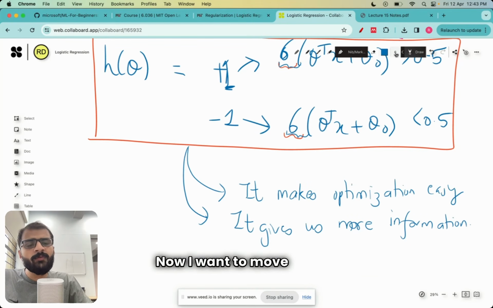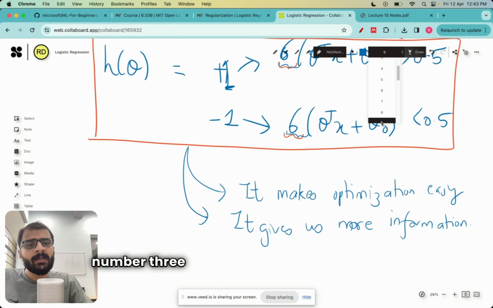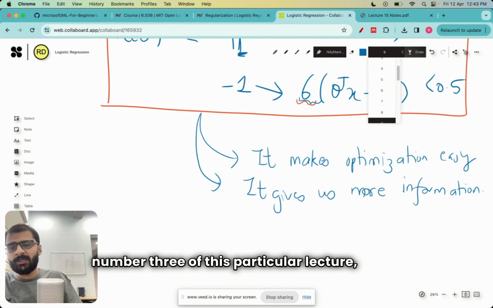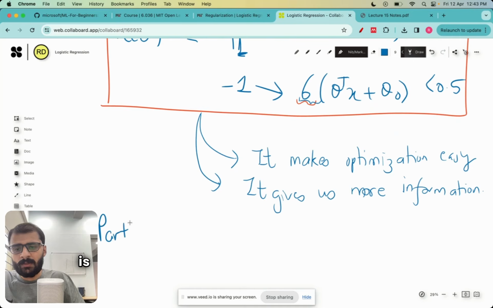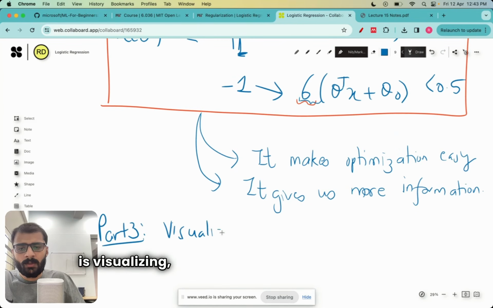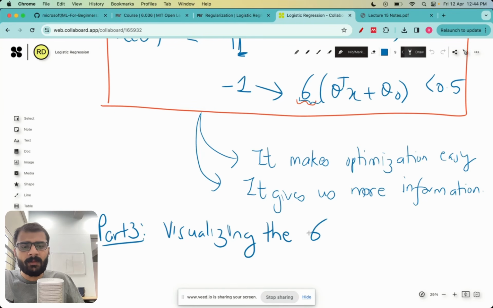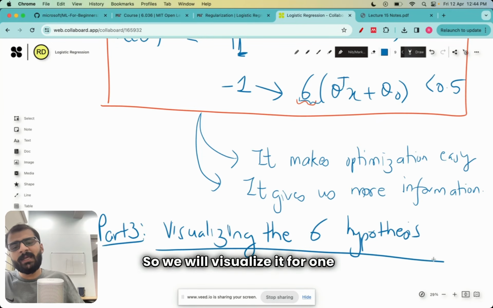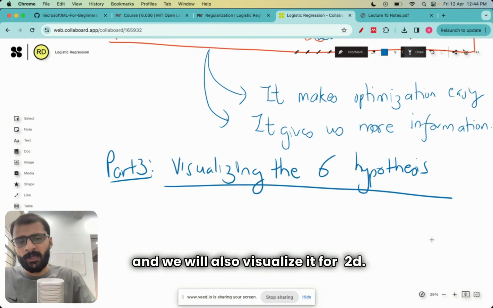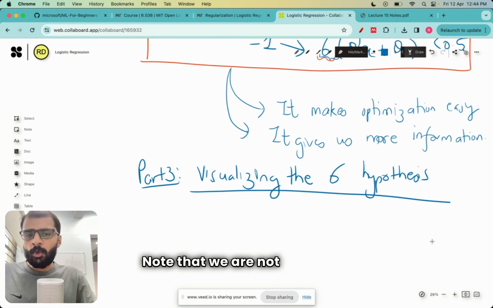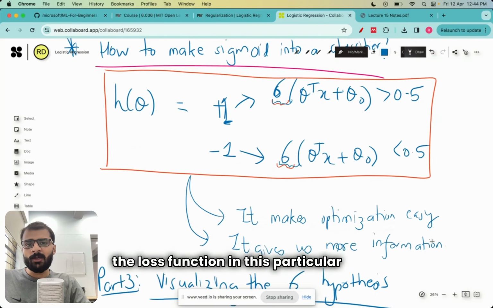Now I want to move to part number 3 of this particular lecture, which is visualizing the sigmoid hypothesis. So we will visualize it for 1D and we will also visualize it for 2D. Note that we are not looking at the loss function in this particular case.